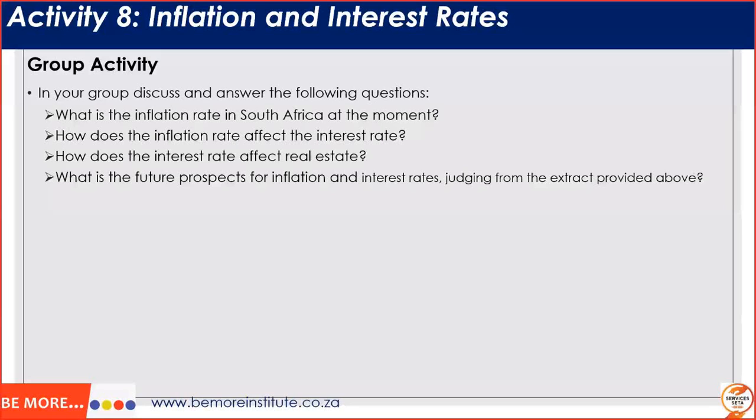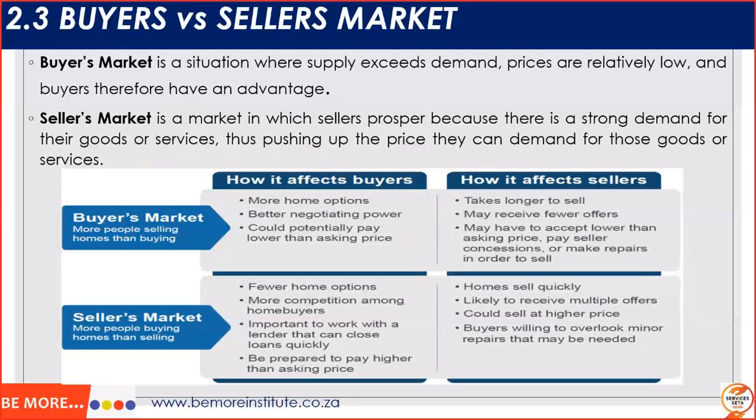Another concept that we'll be touching on is something in the real estate market. Like any other industry, it is cyclical. Sometimes we have a buyer's market, sometimes we have a seller's market. What do these concepts mean? A buyer's market is a situation where supply exceeds demand, meaning the supply of real estate exceeds demand.